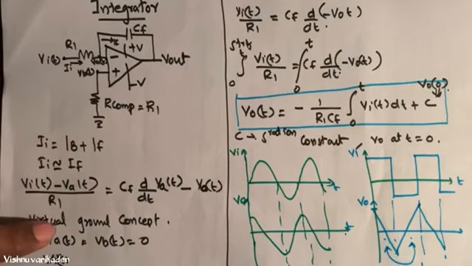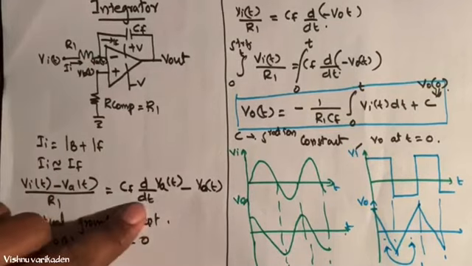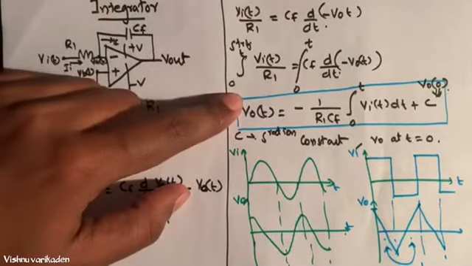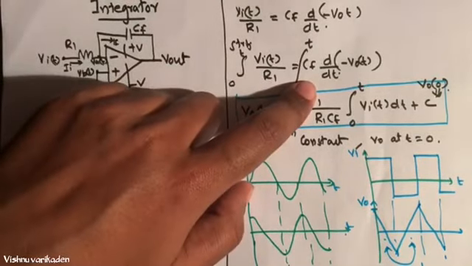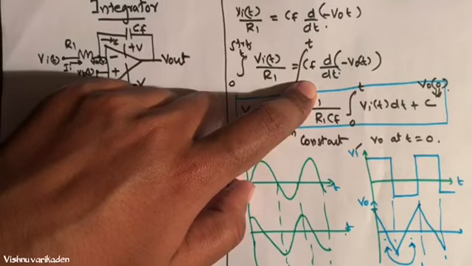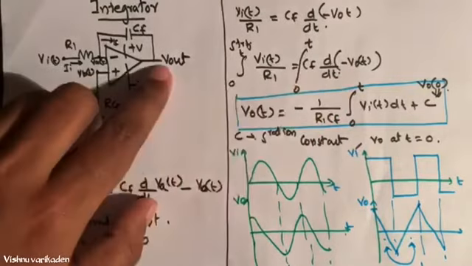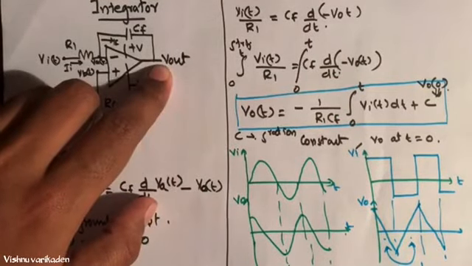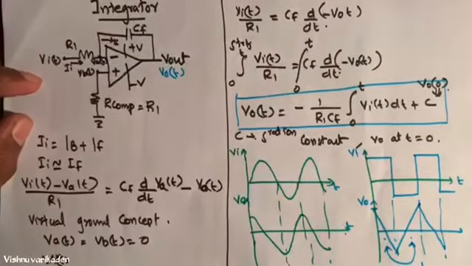So we take VA of t and V0 of t here, and find the equation by integrating, because the equation for the capacitor is C into d by dt of V of t. So in this case, this is V out of t.